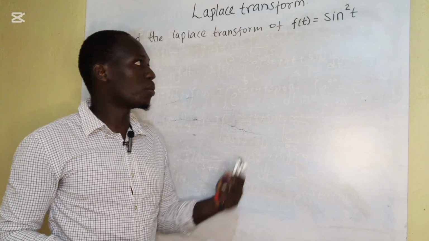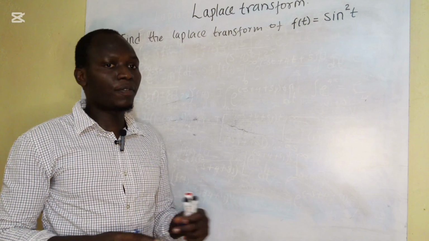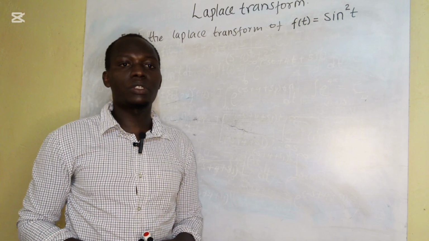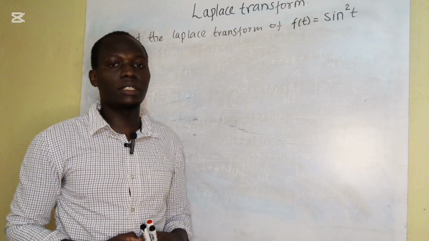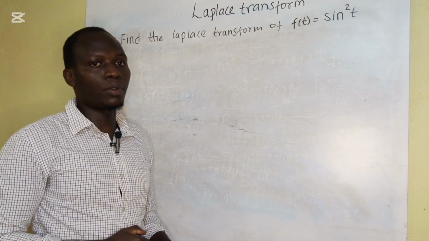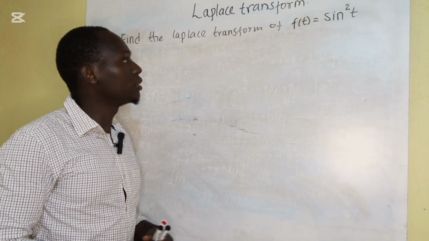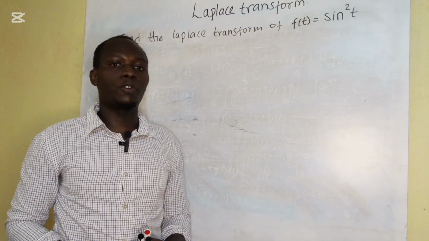The most important thing that we need to understand when we are starting is the first principle formula, because that is what we are going to use in finding out the Laplace transform of our function of today.